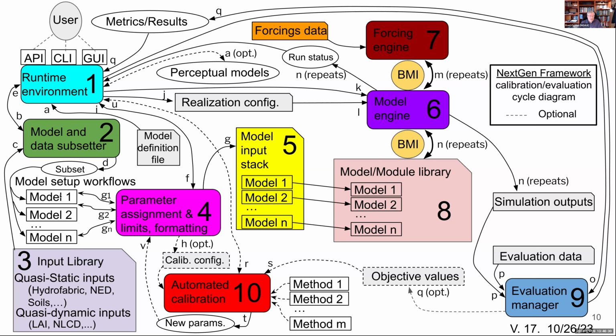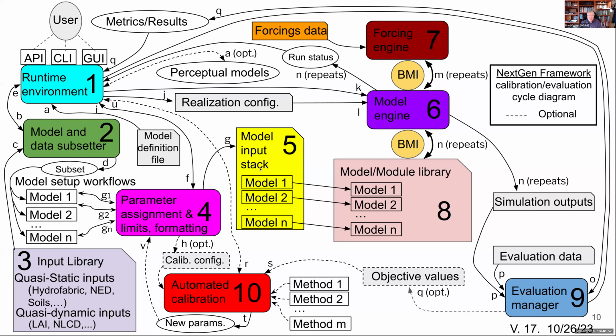Someone produces a new model, it will have its own setup workflow code with it. So this component 4 runs these model setup workflows. They read maps from the subset, produce parameter estimates, and write those to the model input stack, this component 5.